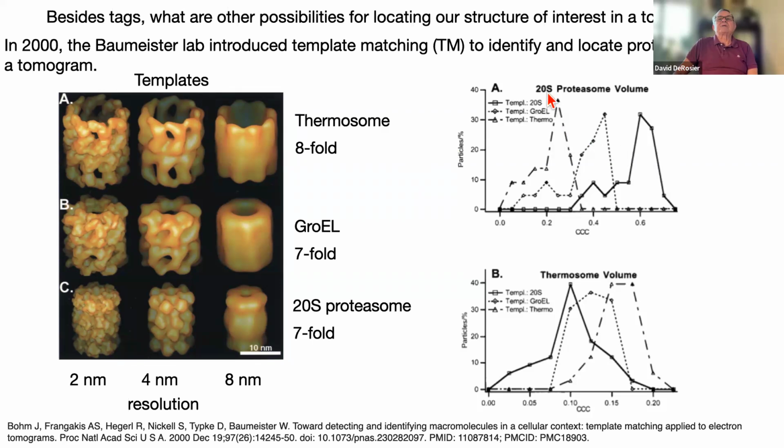So if the sample contained the 20S proteasome, then the 20S template did a much better job. You got a higher cross-correlation coefficient with the correct structure than you did if you used the incorrect template. And the same is true for the thermosome. If you use the correct template, this one, you would then get a higher cross-correlation coefficient.